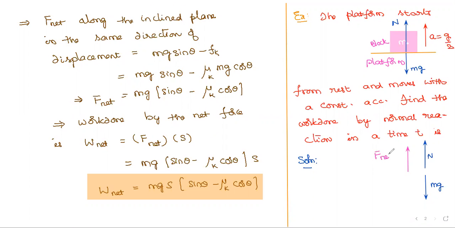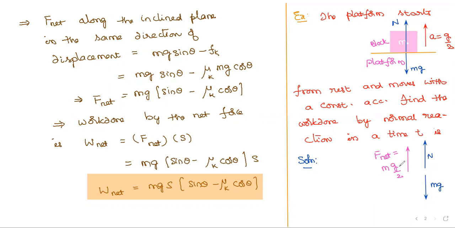So the net force F net is equal to m into acceleration, that is m into g by 2, since a equals g by 2 is given. I am getting a net force in the upward direction, which means the upward force is greater than the downward force acting on the body.